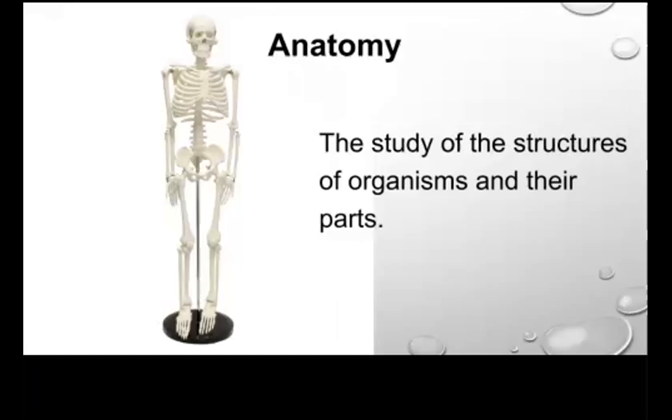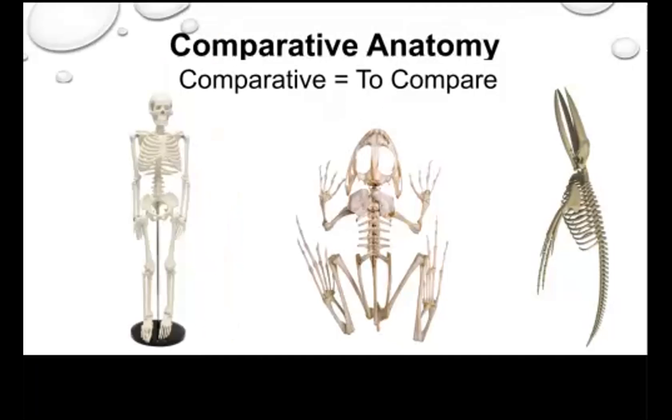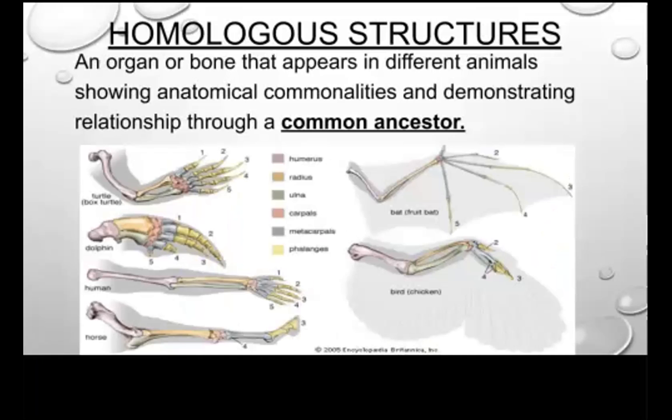We then looked at anatomy, and we know anatomy is studying structures and parts of organisms, but we actually compared anatomy of different animals. So what we did was we looked for similar structures, and when we found those similar structures, we know that those guys are called homologous structures. It could be an organ or a bone that is found in many different animals.